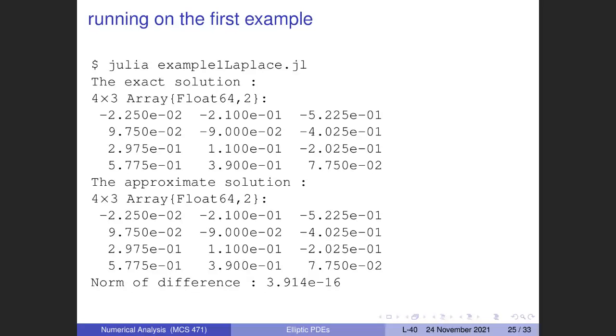Remember, the exact solution was x squared minus y squared. It works almost too good to be true. We have full machine precision. Wow. So this is quite the opposite of the catastrophic calculations that we did in the first two lectures. So sometimes it works out very, very well.